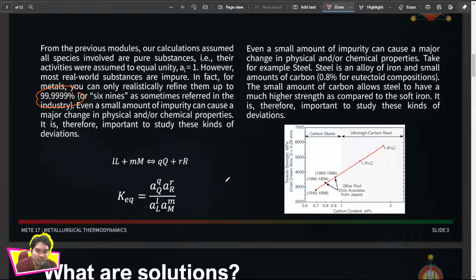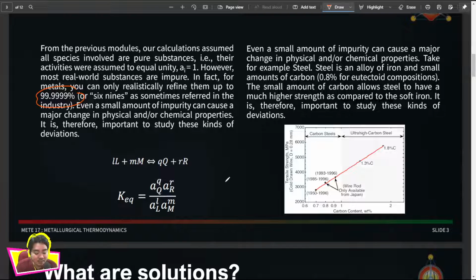For example, sa steels, let's go to steels again. If you have an impurity of, I forgot the exact number, pero just a small impurity of sulfur, that sulfur can cause what we call as, wait lang, short hotness ba yun or hot shortness? I'm trying to remember the term. Parati ko nalilito sa two terms na yun, pero one is correct and the other one is wrong.